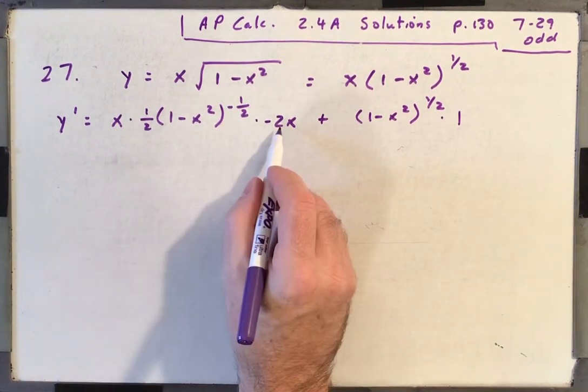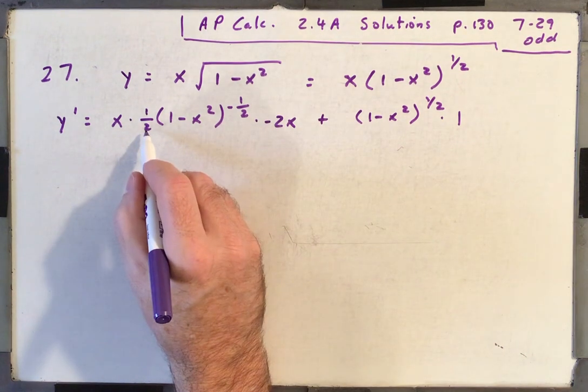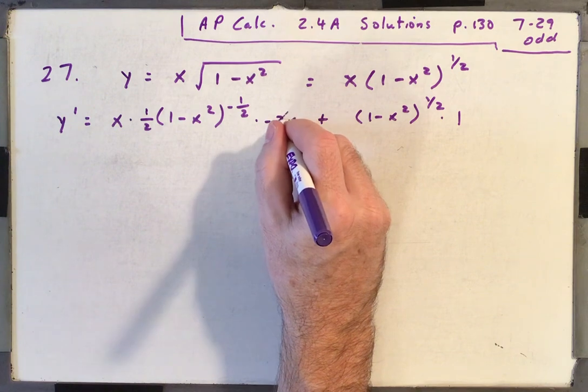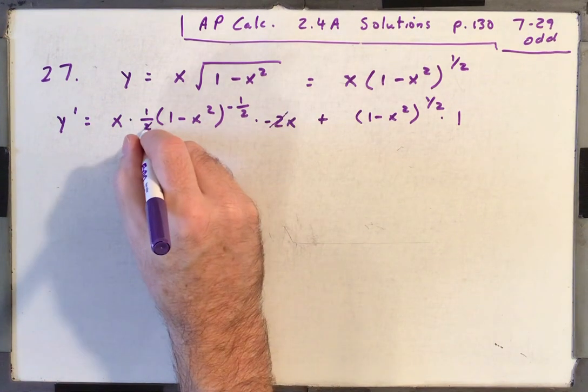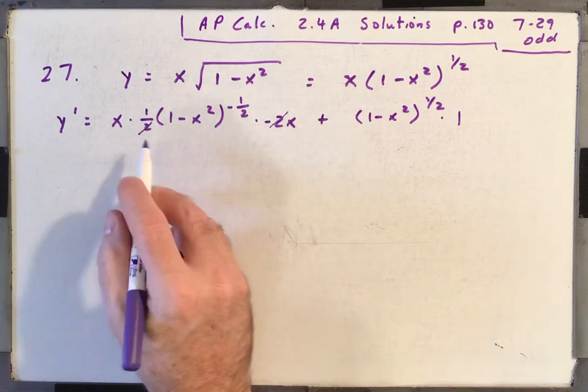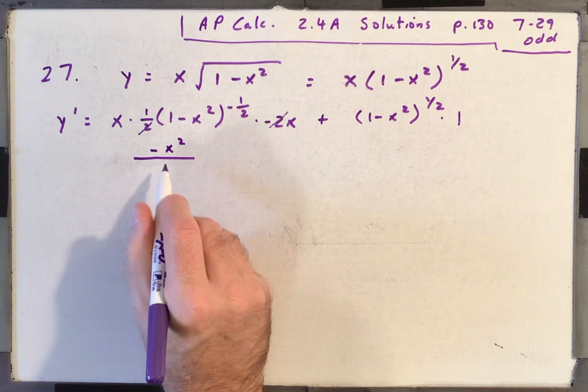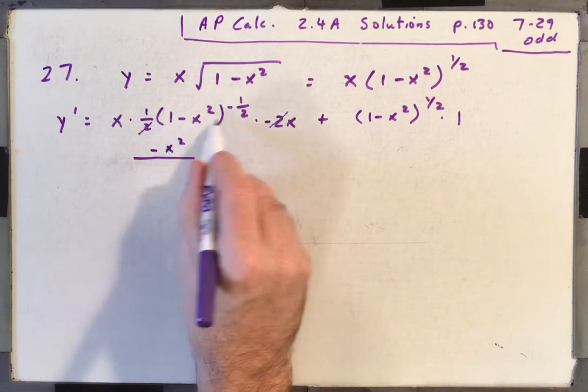Okay, let's clean it up. All right, on top, first of all, this 2 and this 2 will cancel. So I've got the negative x squared on top over 1 minus x squared to the 1/2.